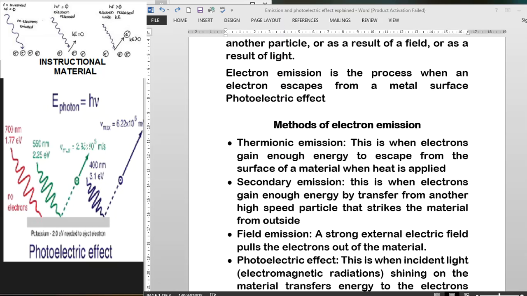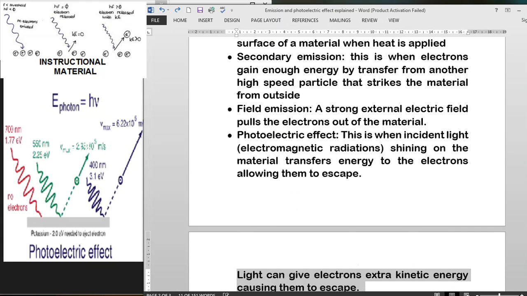We also have the photoelectric effect. Photoelectric effect is when incident light, or bright light, or electromagnetic radiation shines on the material and causes electrons to escape. We call that photoelectric effect.